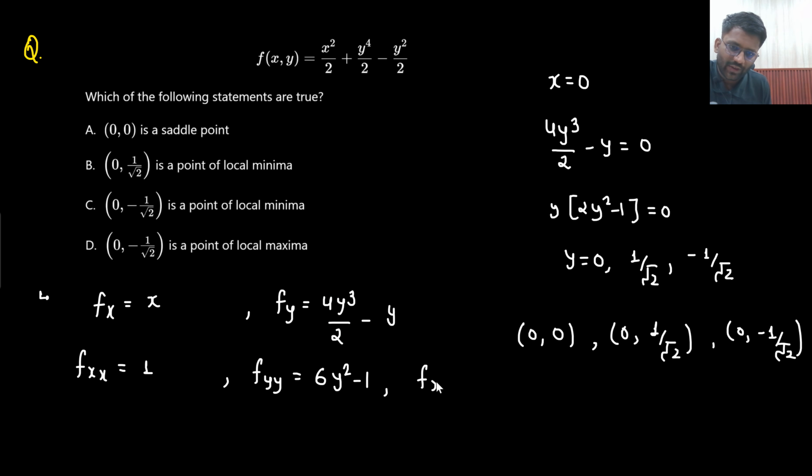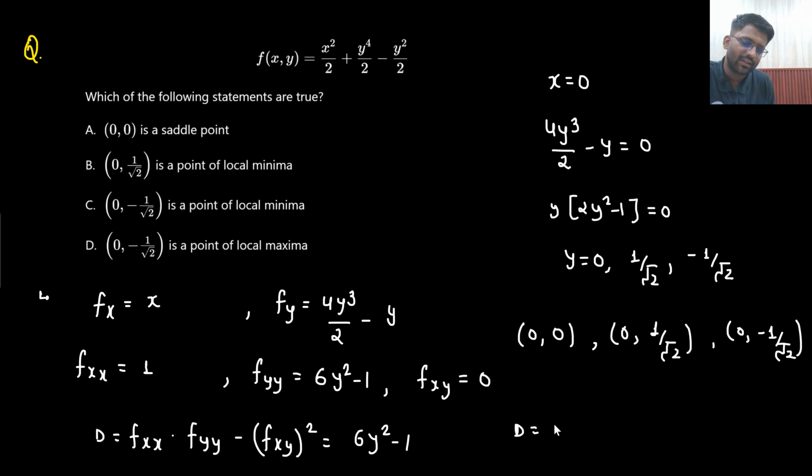And what is the value of fxy? Differentiation with respect to y, that will be 0. So what is the value of d now? fxx times fyy minus fxy whole square. So the answer is 6y square minus 1. So this is the value of d. D is coming out to be 6y square minus 1.